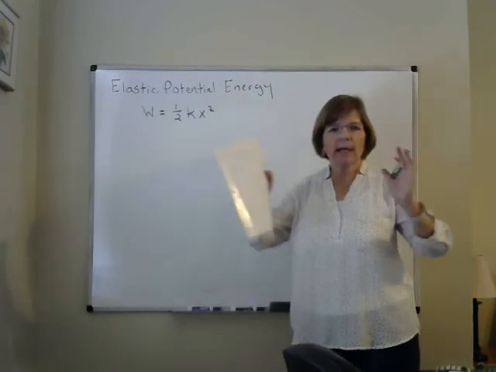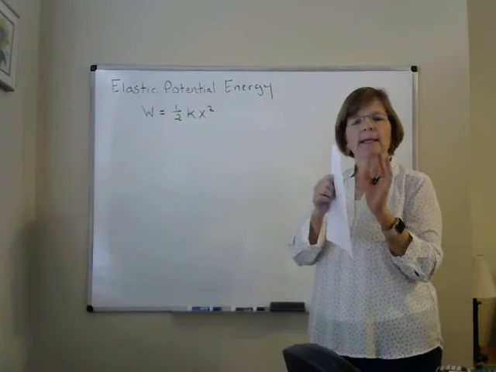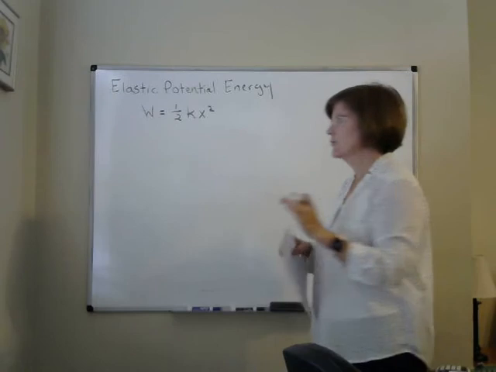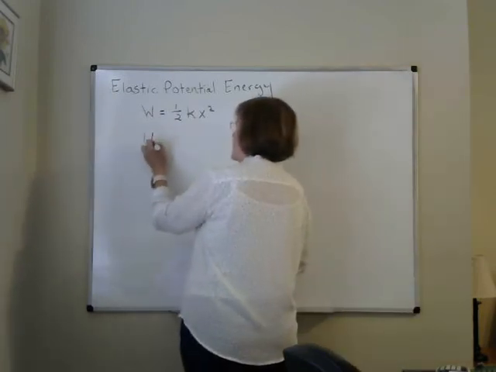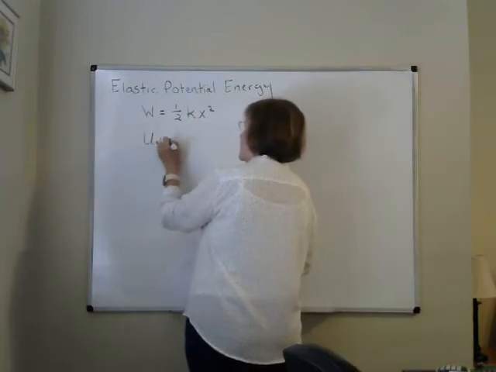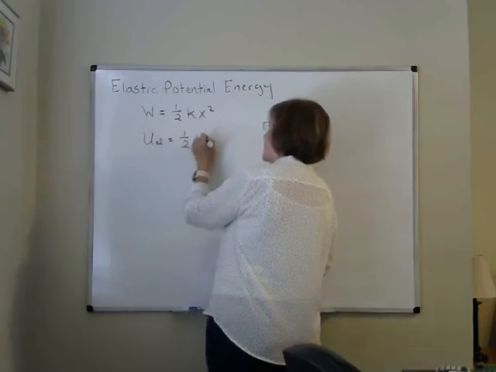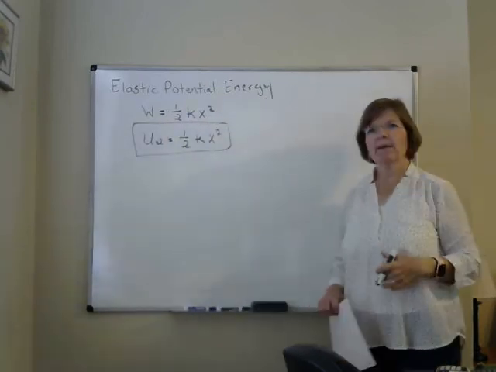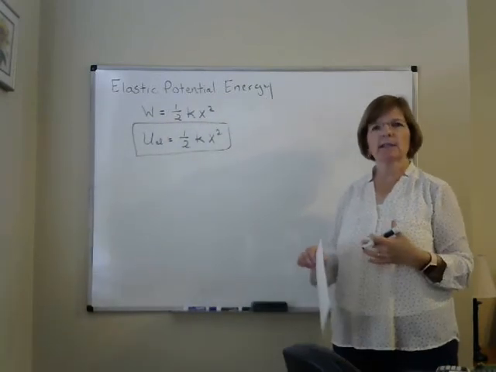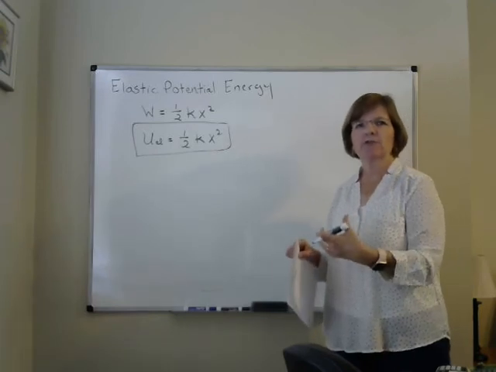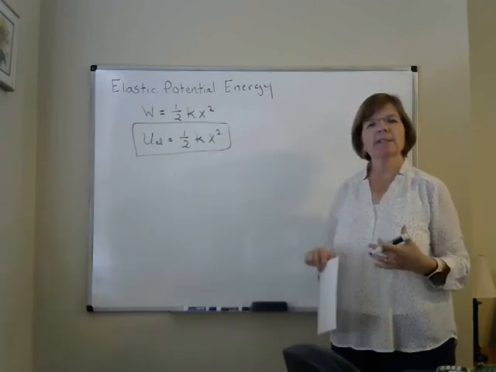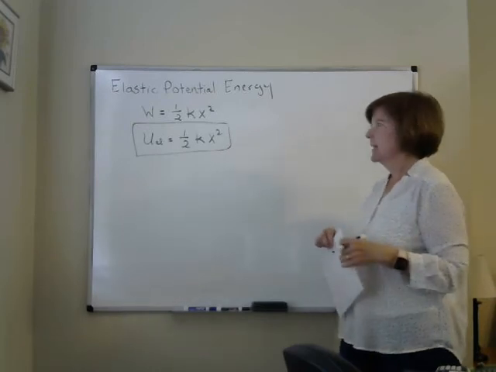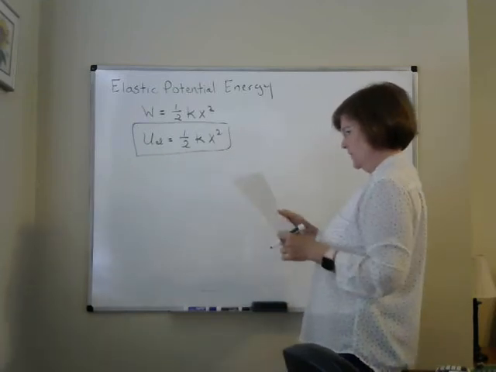If I do work and I compress the spring, an ideal spring will store that work I did as potential energy. So my elastic potential energy, they put an EL, is 1/2 kx squared. Just like gravitational potential energy was the work done in lifting something, gravitational potential energy was mgh. Elastic potential energy is the work you do stretching or compressing a spring. It's 1/2 kx squared.